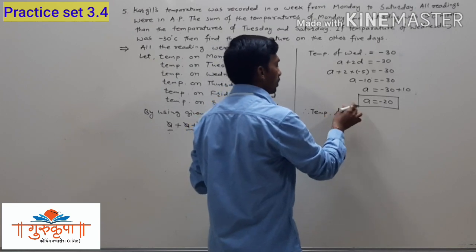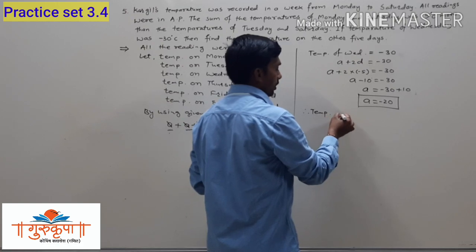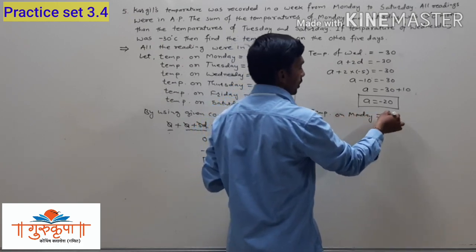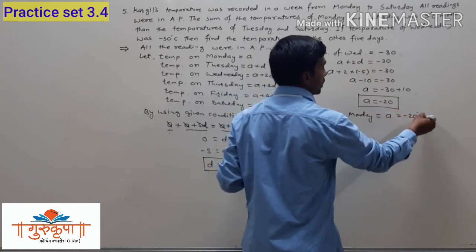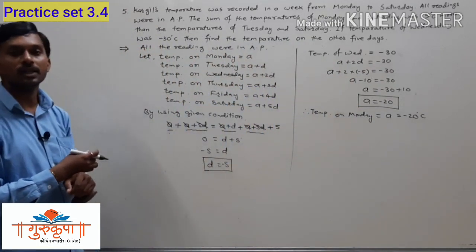Temperature on Monday, that is considered as A, and we have A is equal to minus 20 degrees Celsius. Here we have to use the units also, minus 20 degrees Celsius.